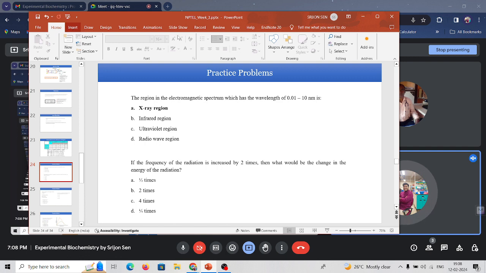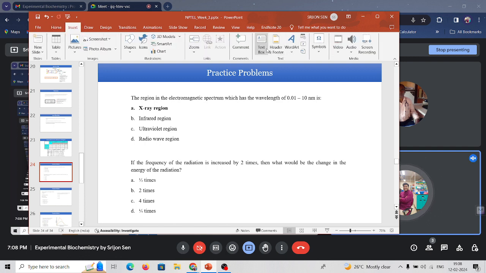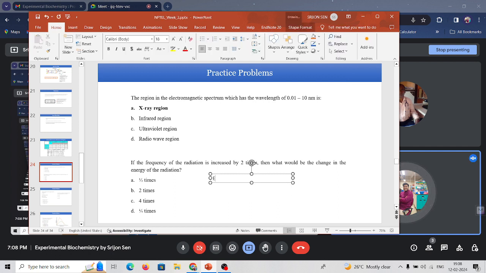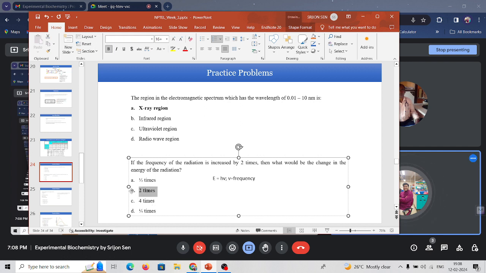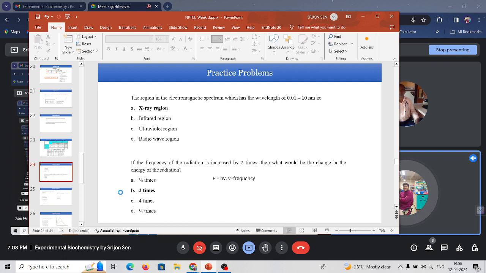To solve this, we have the equation E equals h nu, where nu is the frequency. So if the frequency increases 2 times, the energy will also increase 2 times. So B is the correct option.